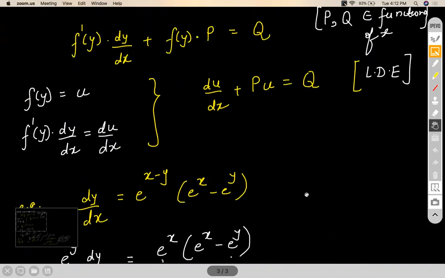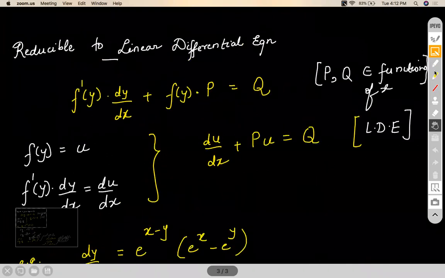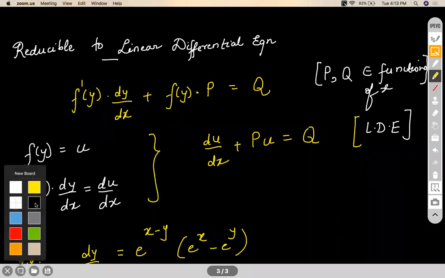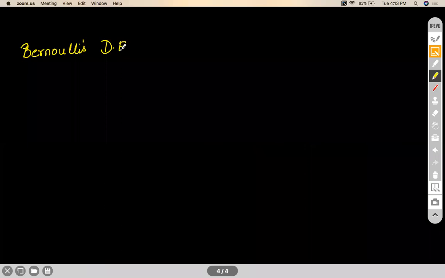Okay. So one special case under reducible to LDE is what we call Bernoulli's equation. So we'll go to that form also. Bernoulli's differential equation is basically a special type under reducible to linear differential equation.